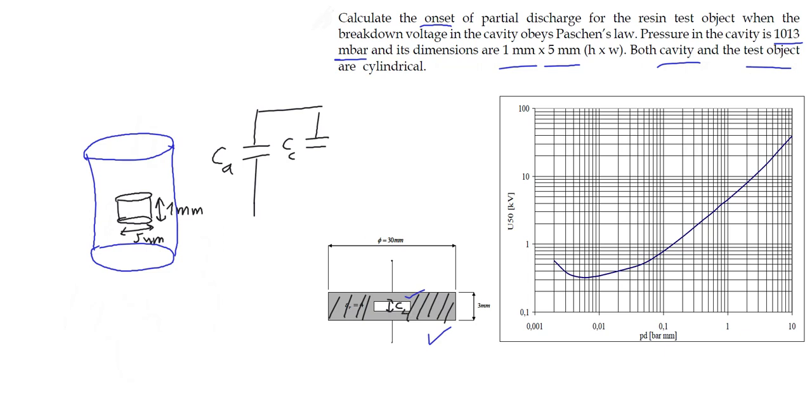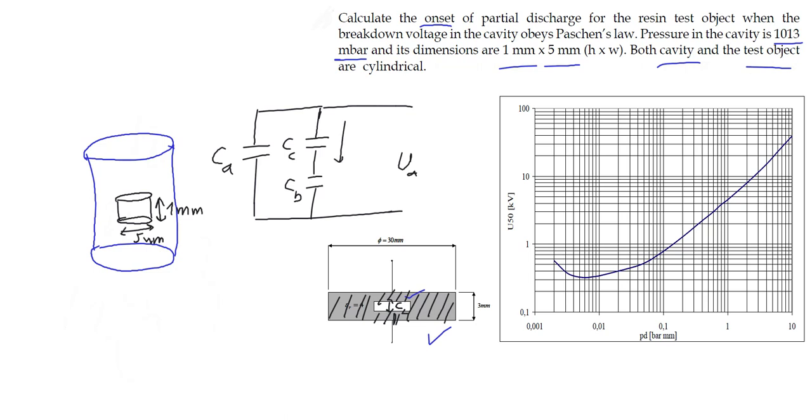And then in series with this cavity, we have the healthy part here and the healthy part above. Both of them can be combined as capacitance Cb. And then we have applied voltage UA. Now the voltage across the cavity can be determined using the voltage division rule.